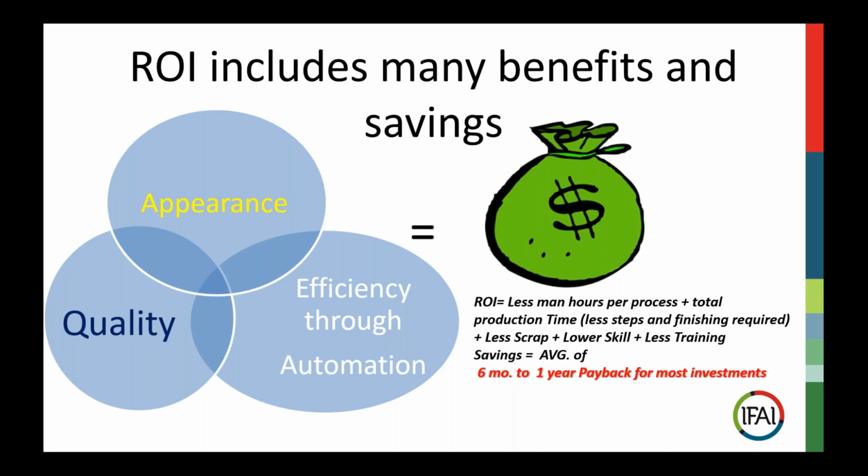There's no puncturing of the material. There are very few edges or ridges with special tooling that can be used, and it's highly efficient. You're using less energy, doing less process, less trimming, so all of that adds up to savings. And usually you can pay back an investment in about 6 months to a year on most investments.